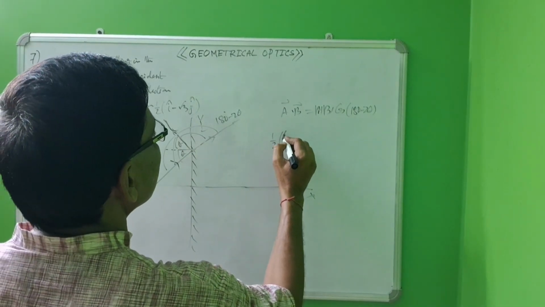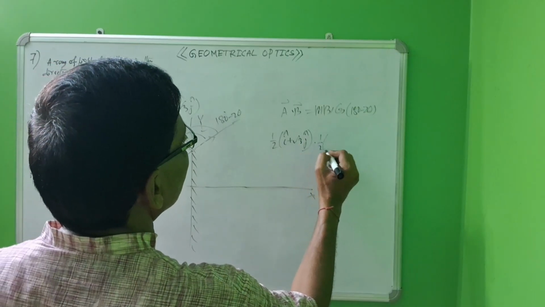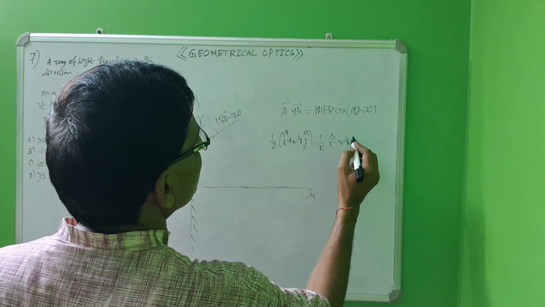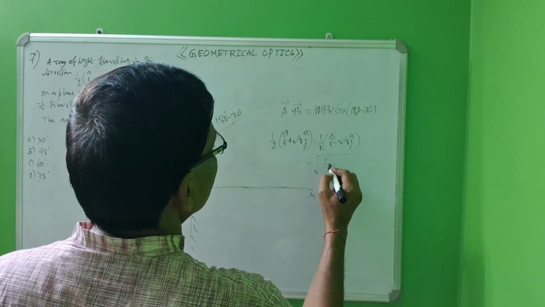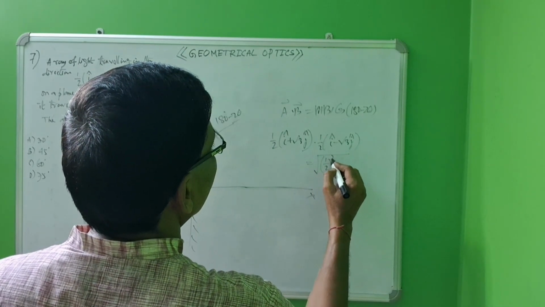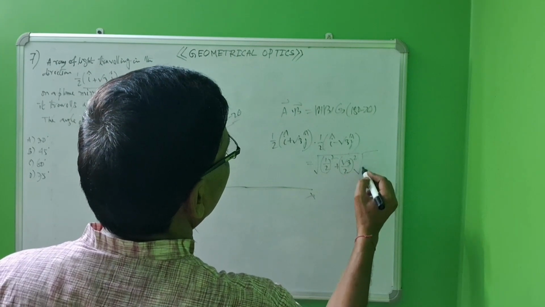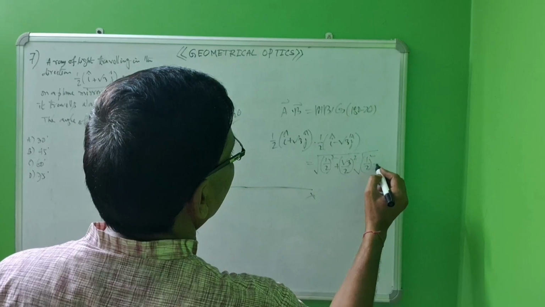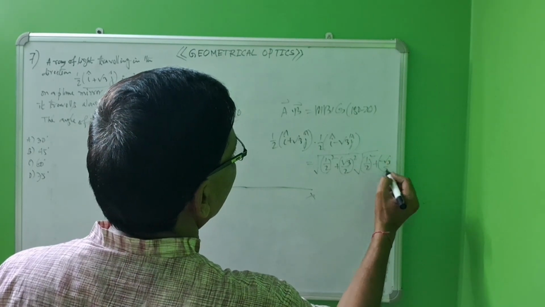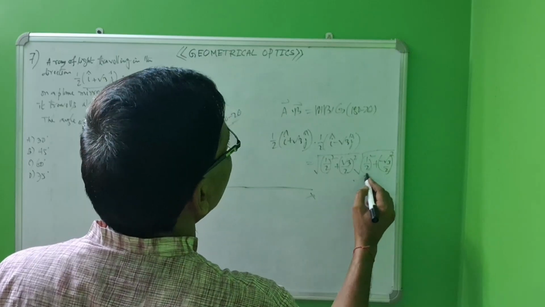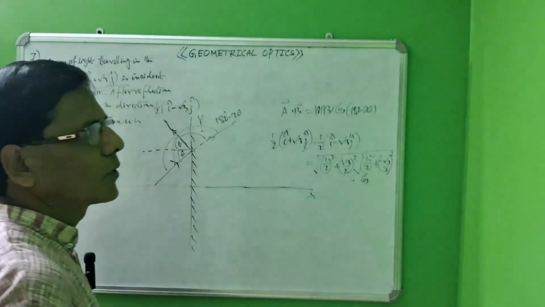So we get half of i plus root 3 j dot half of i minus root 3 j equals root over, cos of pi minus theta.